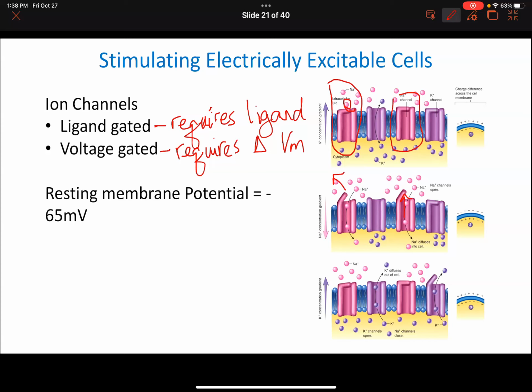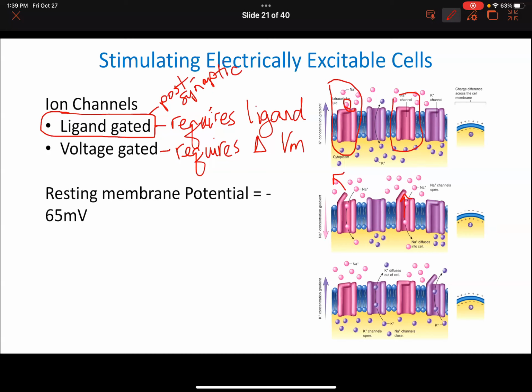Now, we just got through talking about acetylcholine being released from the axon terminal at a neuromuscular junction. What happens with acetylcholine is it travels across the synaptic cleft and it binds the ligand-gated sodium channels on the postsynaptic membrane. So those ligand-gated channels are on the postsynaptic side of the NMJ.